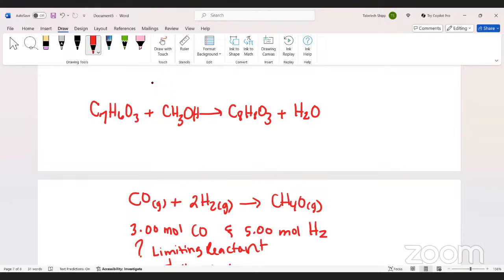A food scientist starts with 1.75 grams of salicylic acid and 1.53 grams of methanol. So they're telling you 1.75 grams of this one and 1.53 grams of that one. How much methyl salicylate is produced? So they want to know about this one.